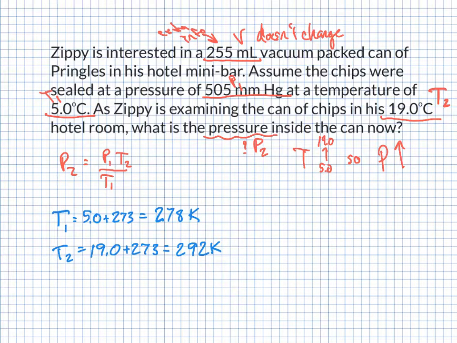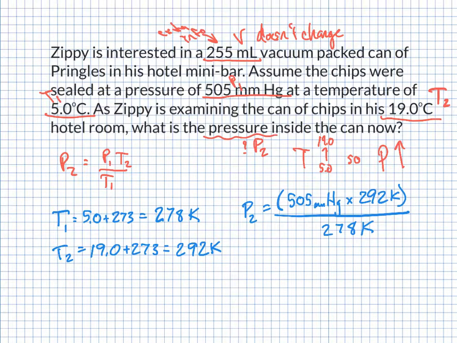Same thing, no decimals because of the sig fig. So let's plug my numbers in. Open parentheses, my pressure, 505 millimeters mercury, times T2, don't mess that up, 292 Kelvin, close parentheses, all divided by my T1, which was 278 Kelvin.